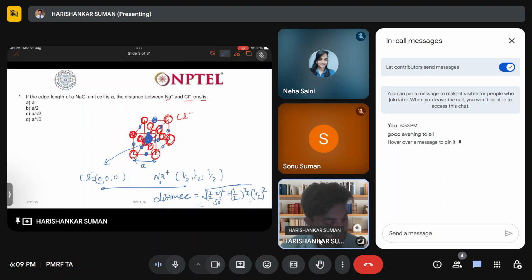So this is root 3 by 2 times A, where A is the unit cell length.